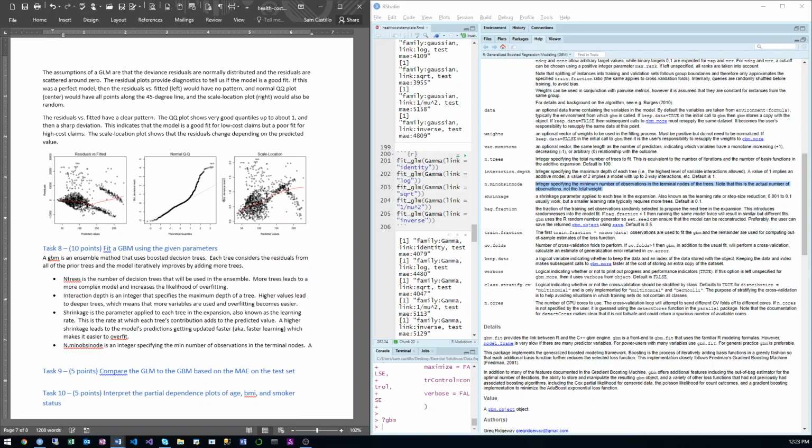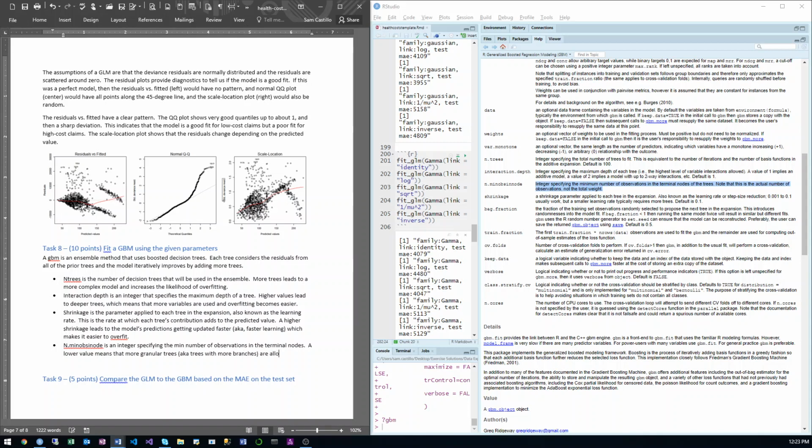A lower value means that more granular trees, aka trees with more branches, are allowed, which increases the likelihood of overfitting.